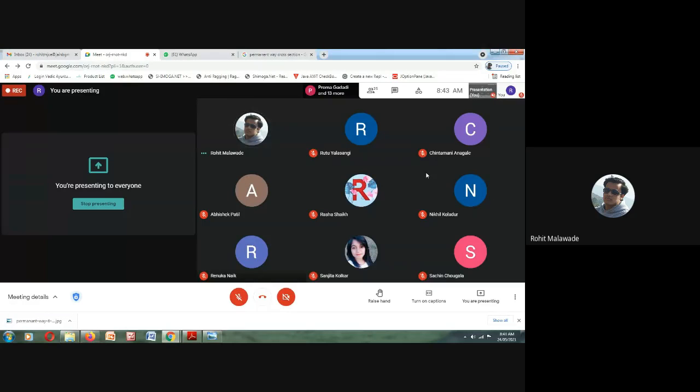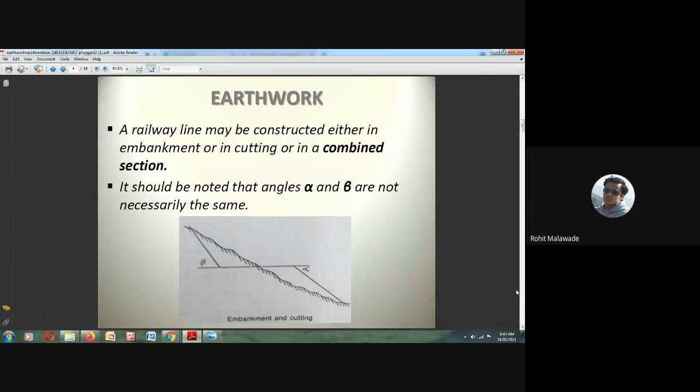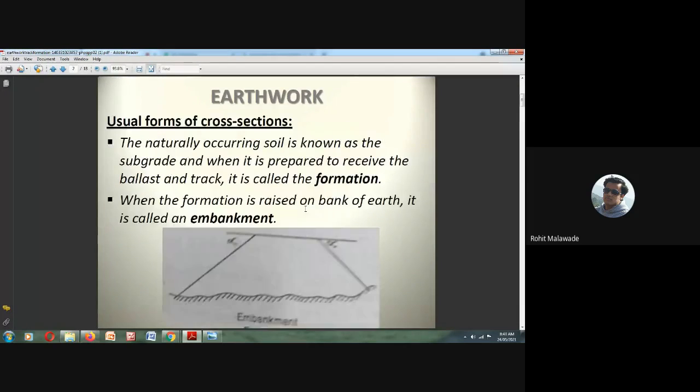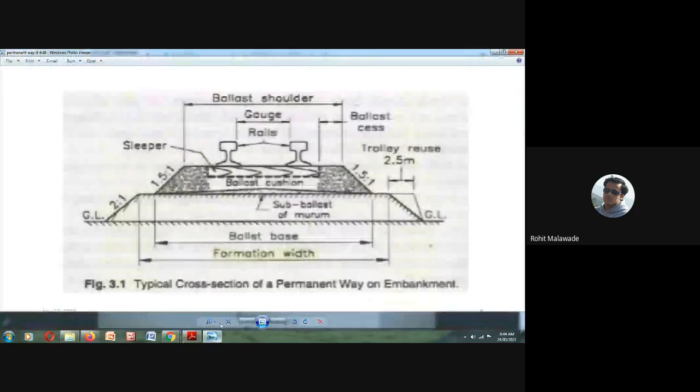Now we will see what other important elements there are, and the formation. Now we will see what exactly a formation is. The prepared surface which is ready to receive ballast is called the formation.